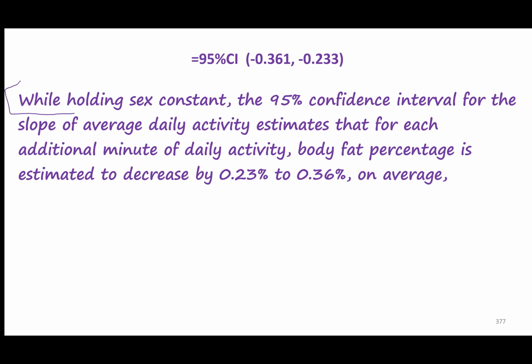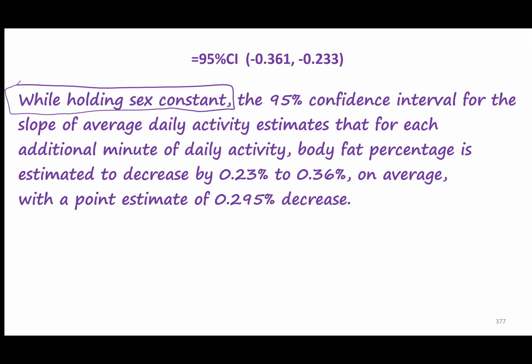So this is new. While holding sex constant, the 95% confidence interval for the slope of average daily activity estimates that for each additional 1 minute of daily activity, body fat percentage is estimated to decrease by 0.23% to 0.36% on average, with a point estimate of 0.295 decrease.